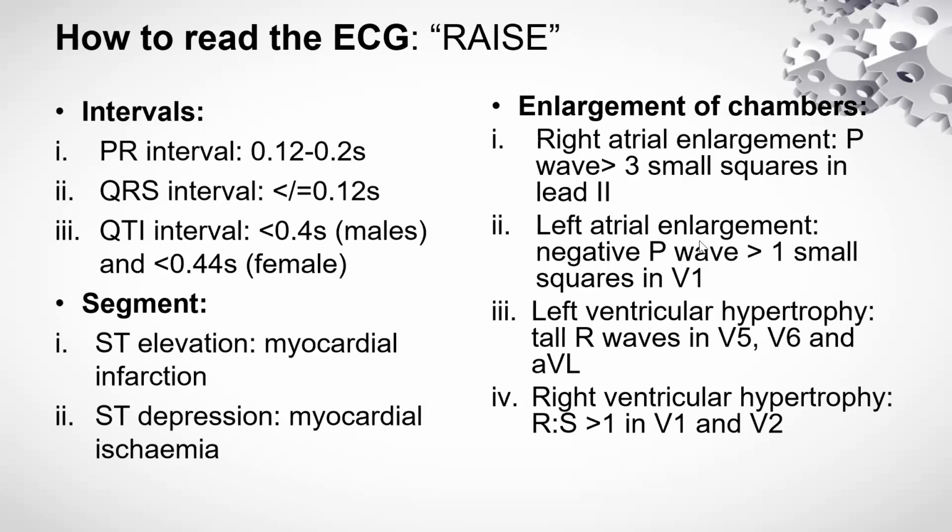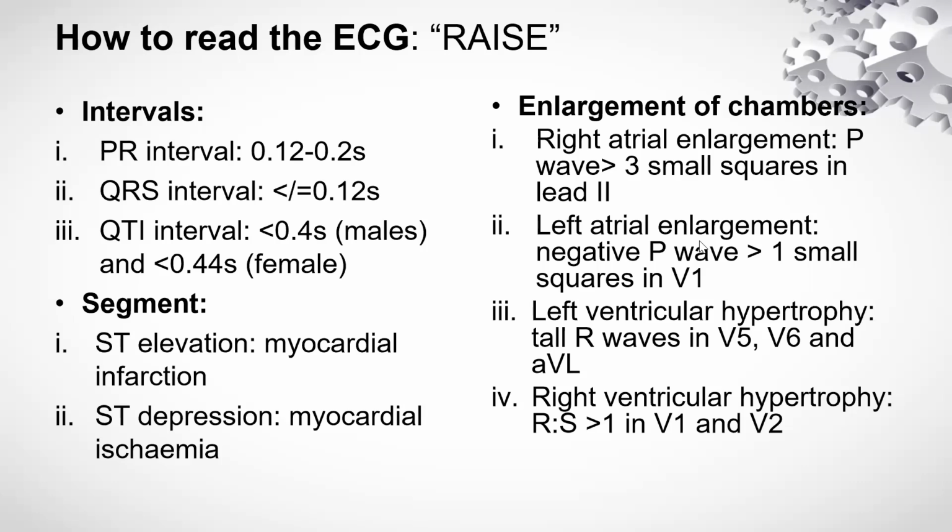So the R waves will be very tall, and there's a calculation we're going to come into as we go on. Right ventricular hypertrophy is when the R/S ratio is greater than 1, that is, the R wave is larger than the S wave in V1 and V2.